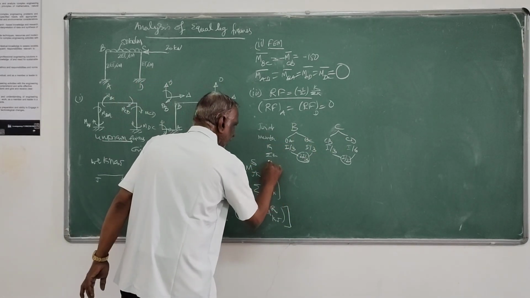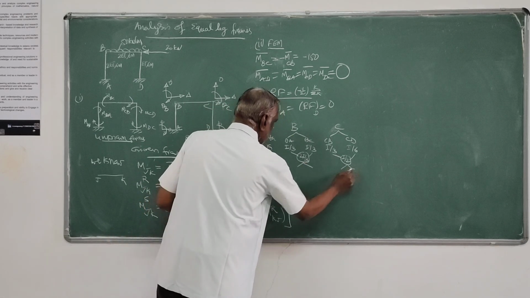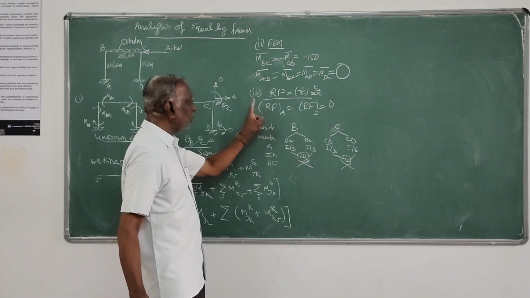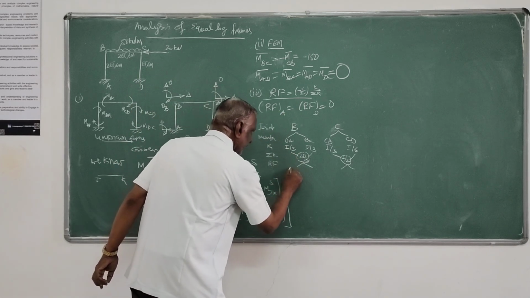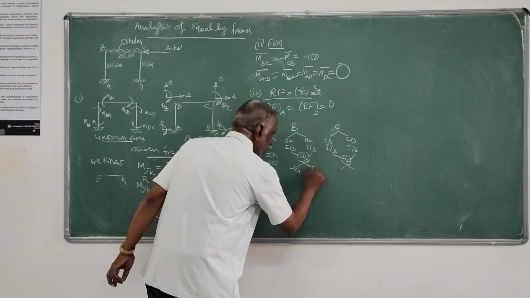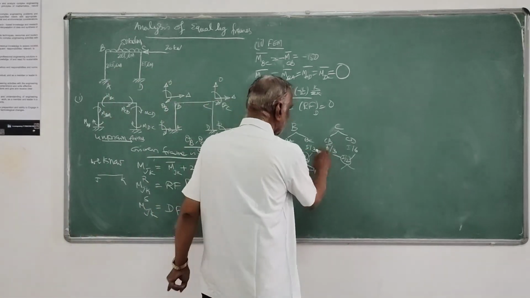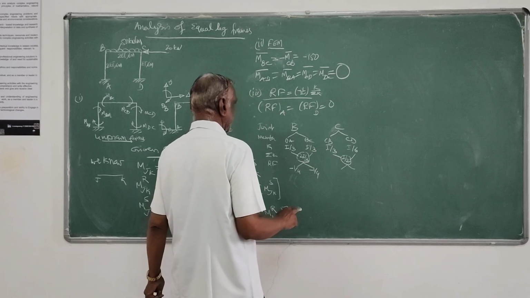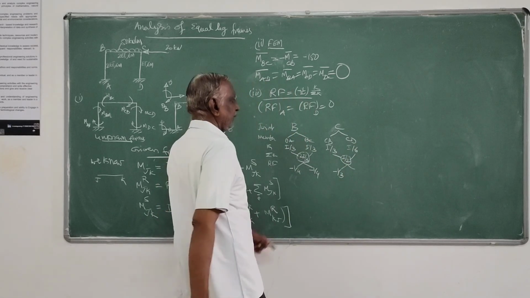Then RF you can find out, which is K by sigma K into minus half. So here it is half into minus half, minus 1 by 4. Here it is 2 by 3 into minus half, that is minus 1 by 3.